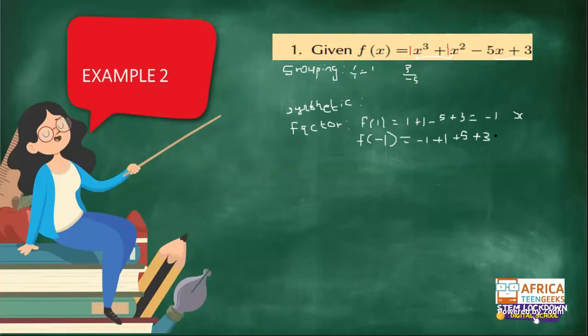So if you try negative 1, you'd have negative 1 plus 1 plus 5 plus 3. So this will also not give you 0.